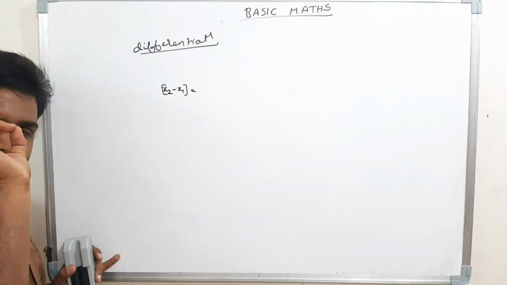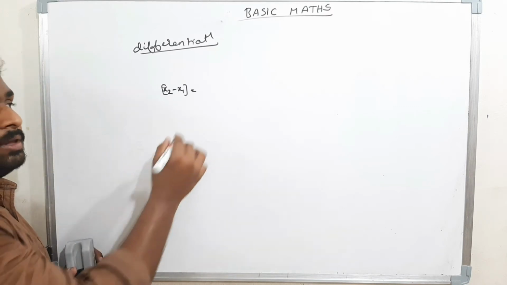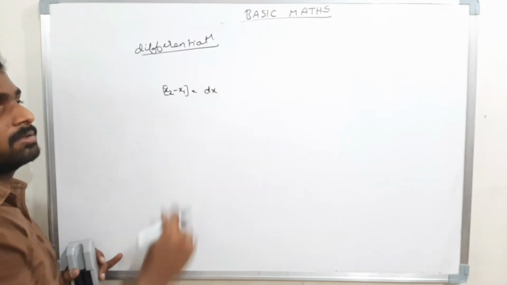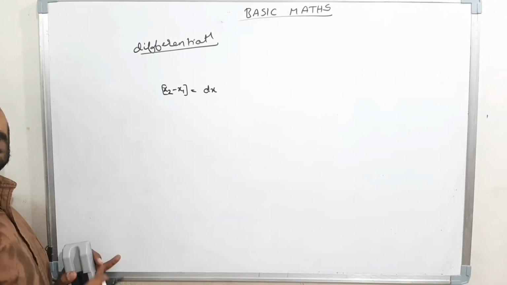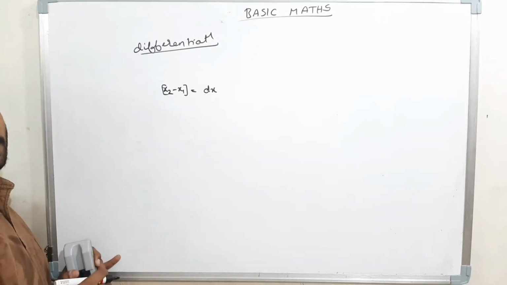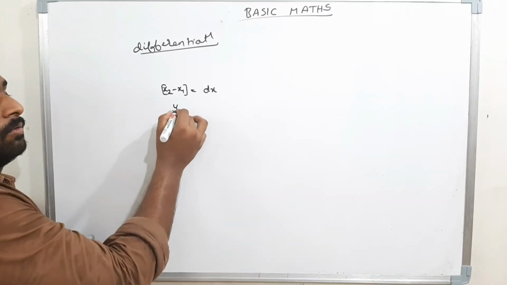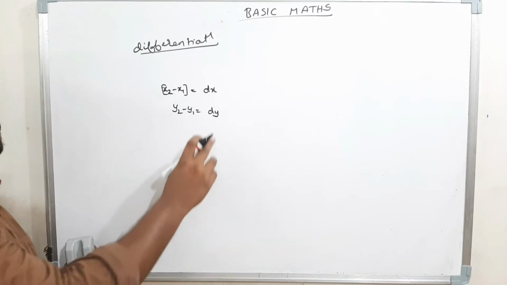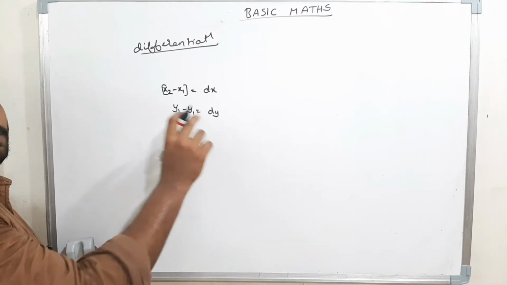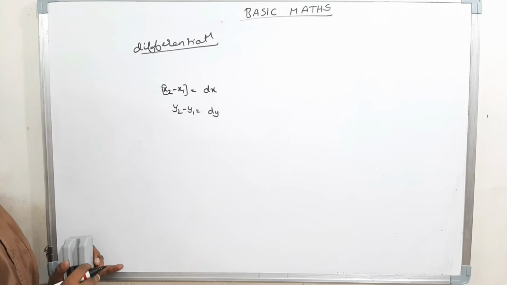When the difference is very, very small, then I can take it as dx. That means when the differences are very small, I can take it as dx. I am breaking down into small parts. In the same way, y2 minus y1 we can write as dy. Dy means difference in the value, but it is very small, negligible.